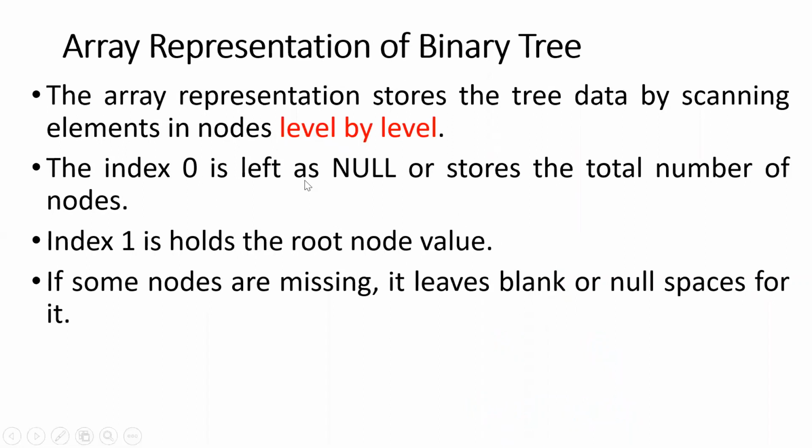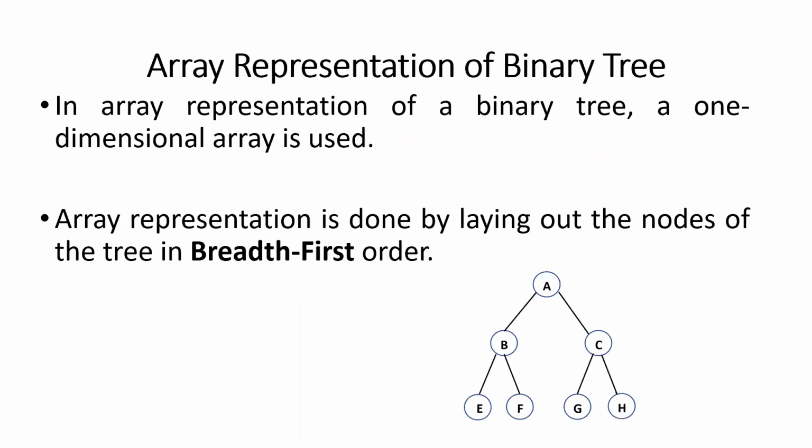Now, index 0 is left as null, or we can store the total number of nodes present in the binary tree. Here, how many nodes are present? 7 nodes are present, right? So we can indicate that in index number 0. An array has index numbers, right?